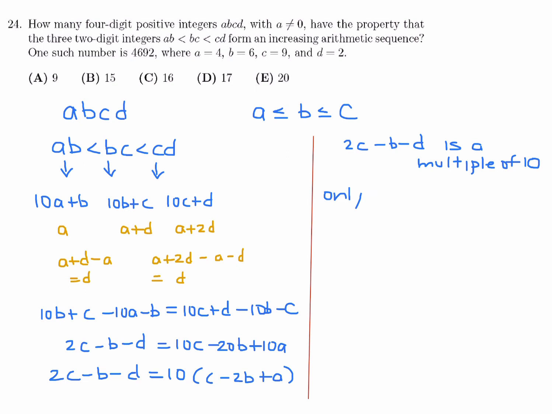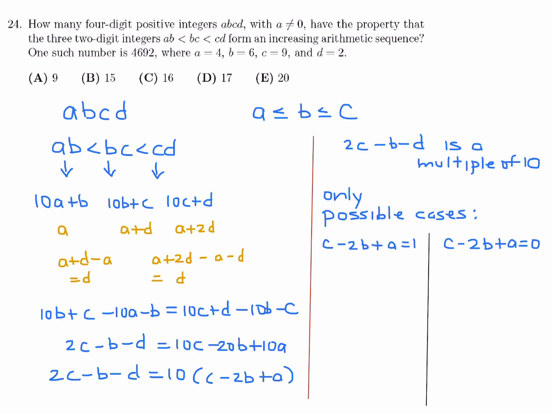The only possible cases are where the right side, which is c minus 2b plus a, is either equal to 0 or equal to 1. And those are the only ways that we can make this work.